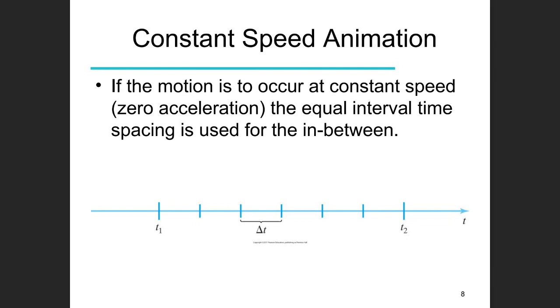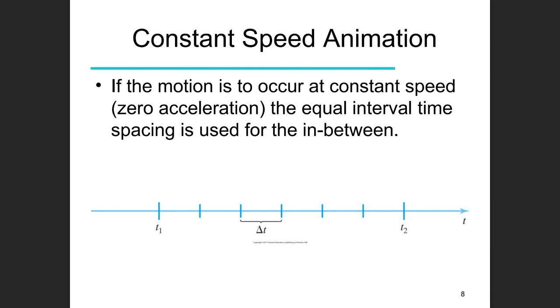So if the motion is to occur at a constant speed where the acceleration is zero, equal intervals of time spacing are used for the in-between frames. So when there is no acceleration, and all the objects are moving with a fixed speed, we say this is a constant speed animation.